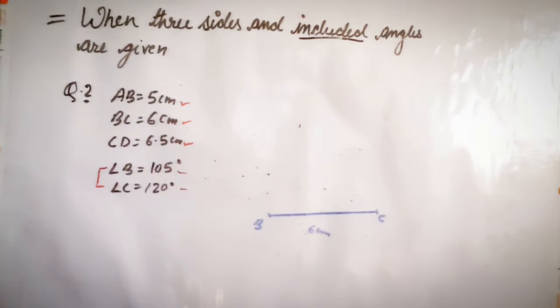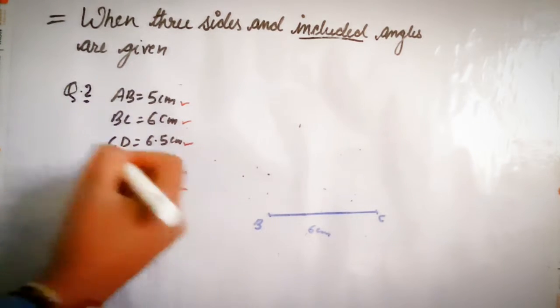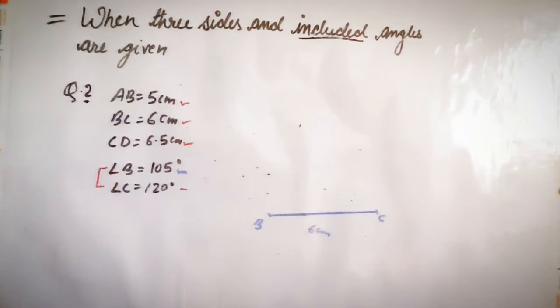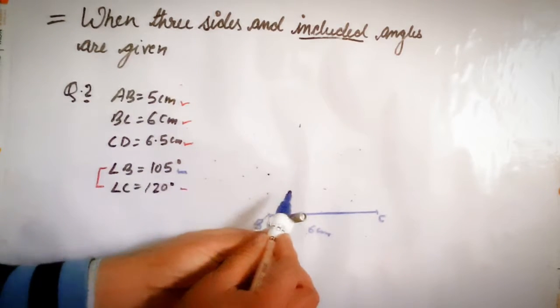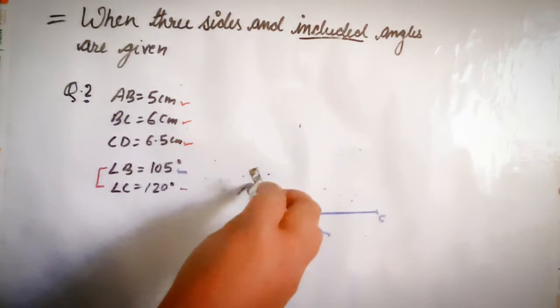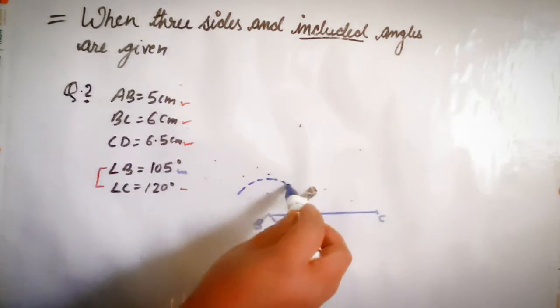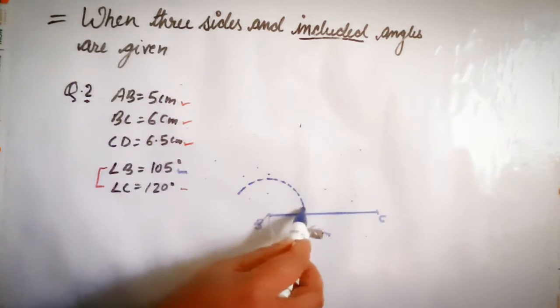Now angle B you have to draw 105 degree. So for 105 we need to draw 90 degree first of all. So like previous question, open your compass a little, place on B and draw an arc taking B as the center.